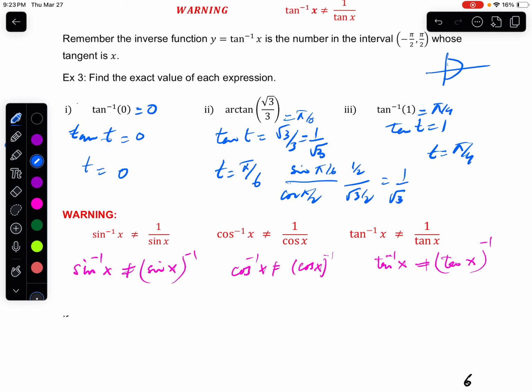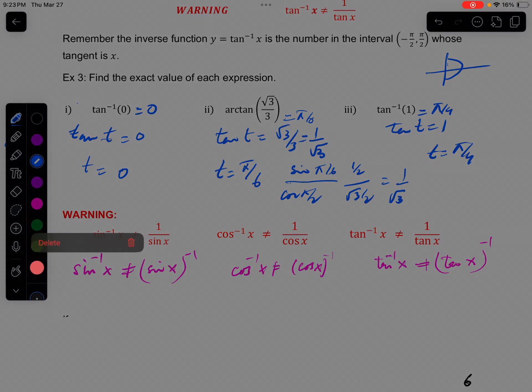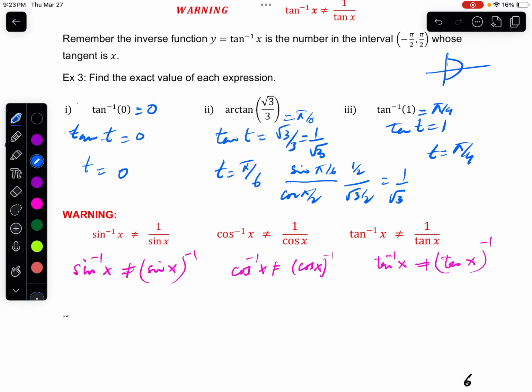The reason we repeat this warning again and again is because a new notation was introduced for powers of sine, cosine, and the other trig functions: if you have sine to the n of x, it is the same thing as sine of x raised to n, and the same with cosine and tangent. But the condition was that n is greater than 0.